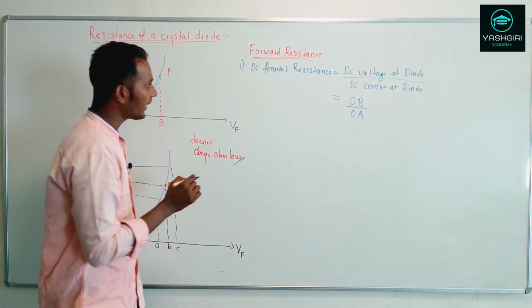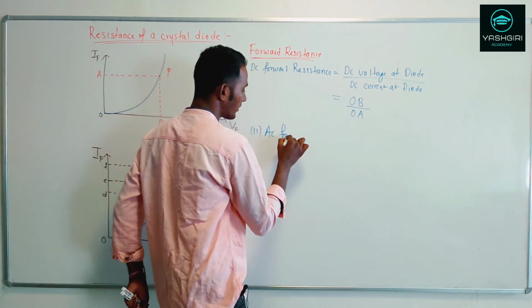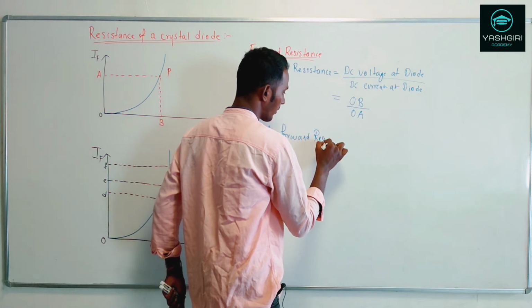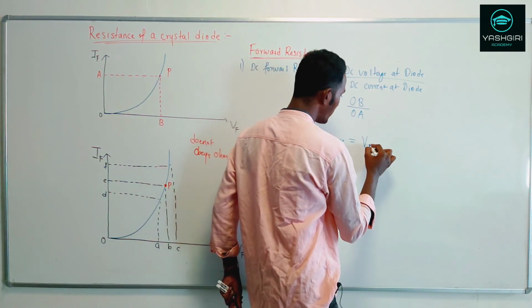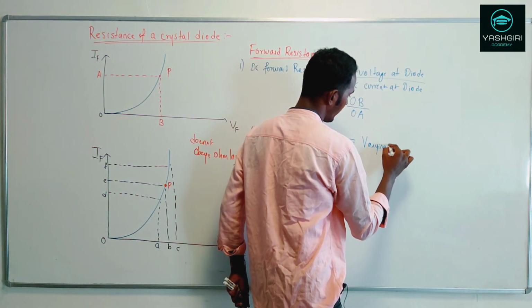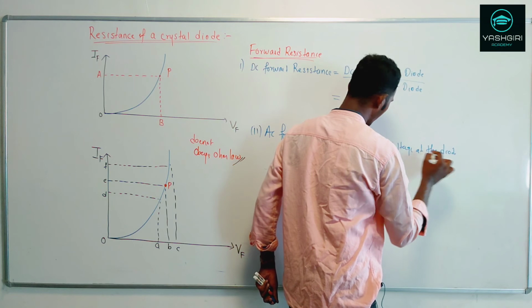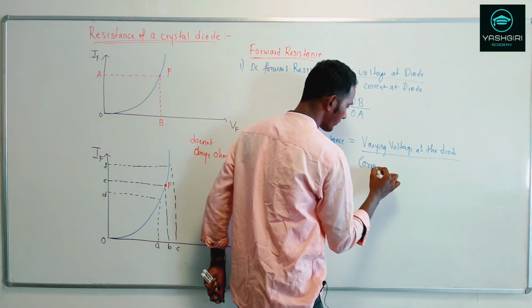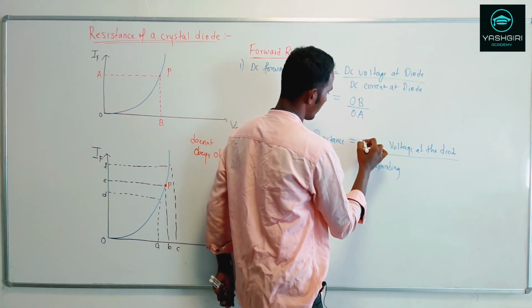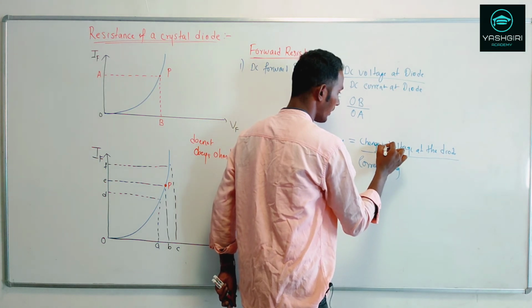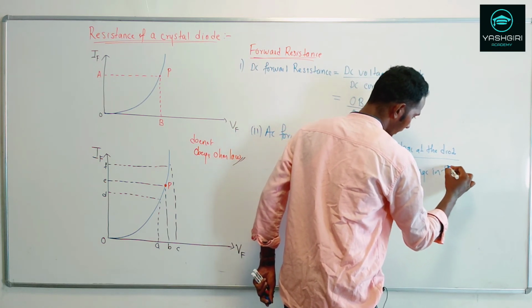So I can write the AC forward resistance as equal to the change in the voltage at the diode divided by the corresponding change in the current.